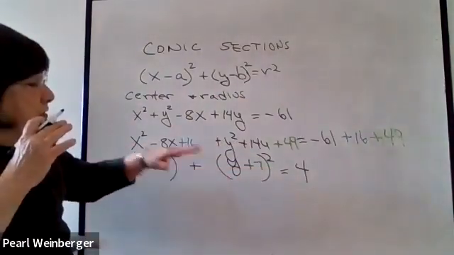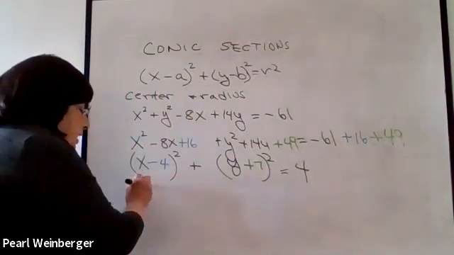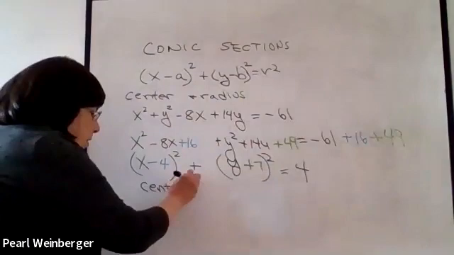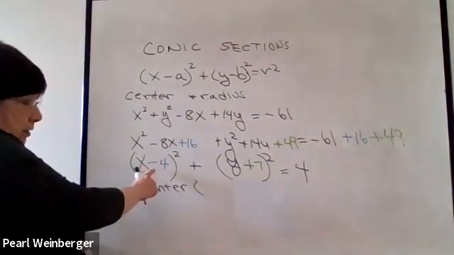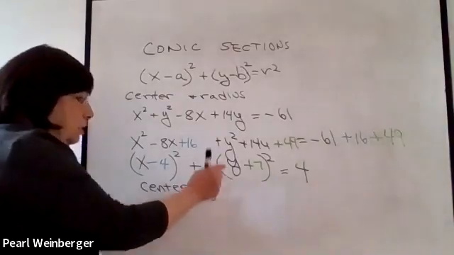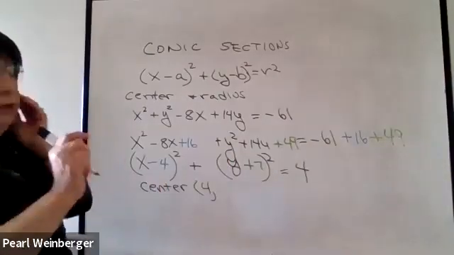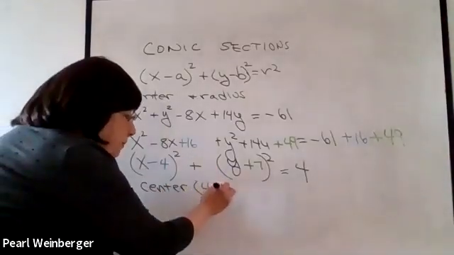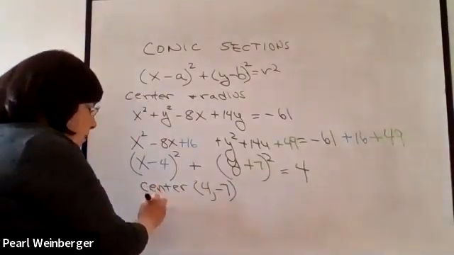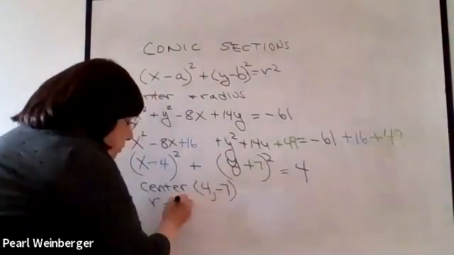Because in the standard form, I can now tell you that the center of this circle is, okay, this is a -4, so the x is going to be +4. This is a +7, so the y is going to be -7. And the radius is going to be the square root of 4, which is 2.